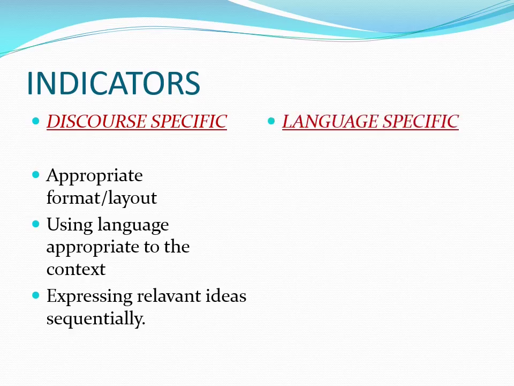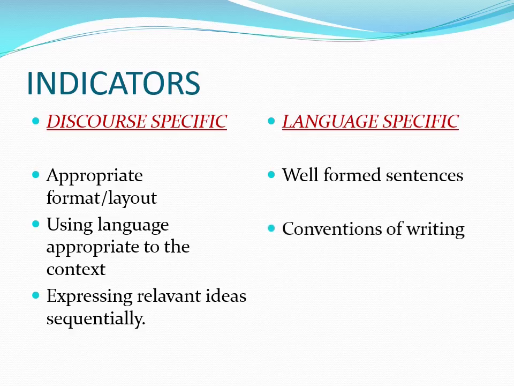And then language specific indicators. So we must follow grammar rules. Grammatically our sentences should be correct. So those are called well-formed sentences. So while writing any discourse, we must follow this. And then conventions of writing. So punctuation marks, capital letters, small letters, etc. are called conventions of writing.